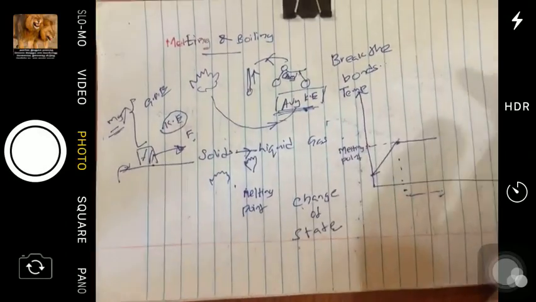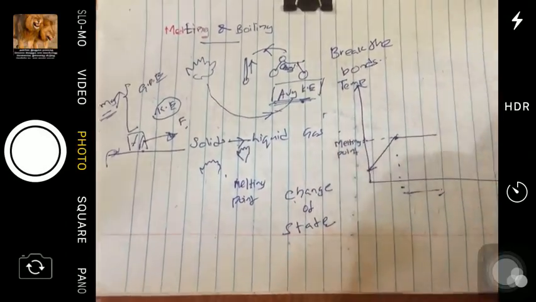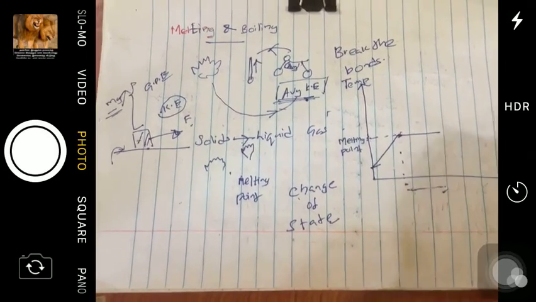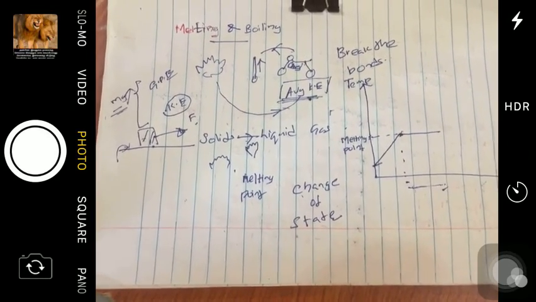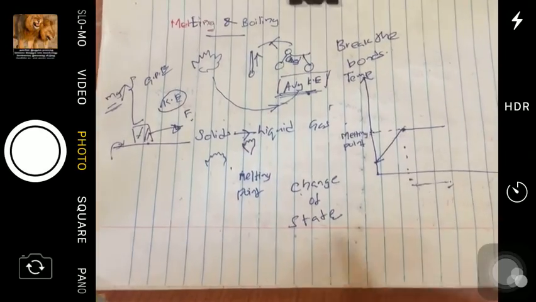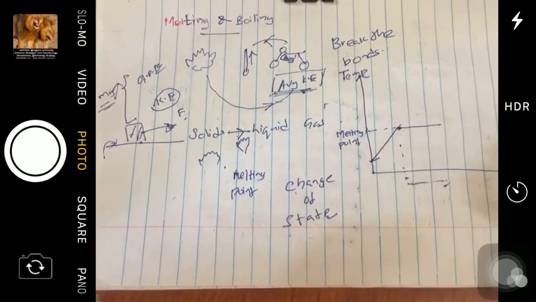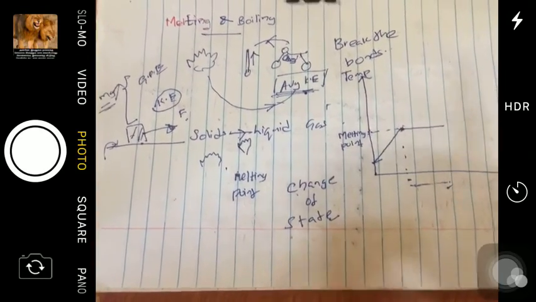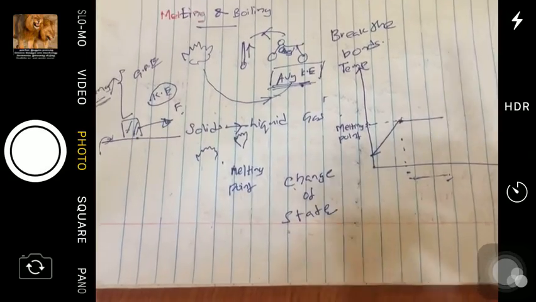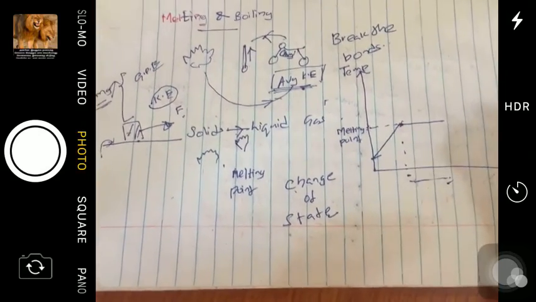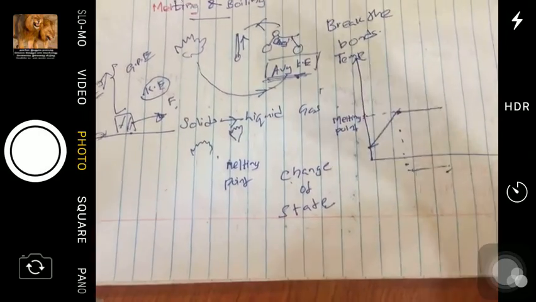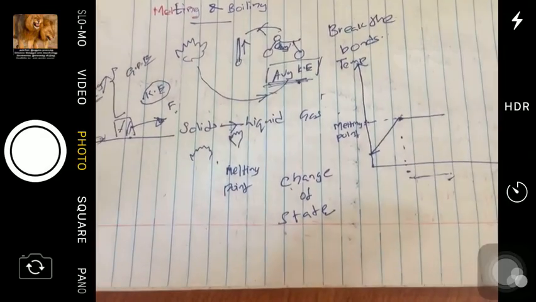During a change of state, you are giving energy, but it is not being used to increase the kinetic energy of the particles. It is used to break the bonds and to set the particles free, to make the solid a liquid, or the liquid a gas.